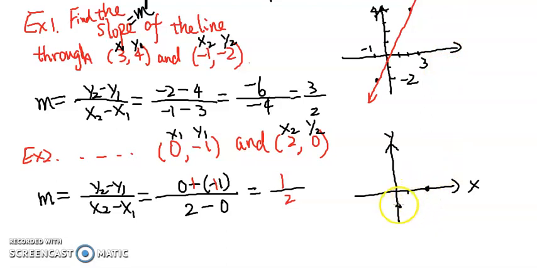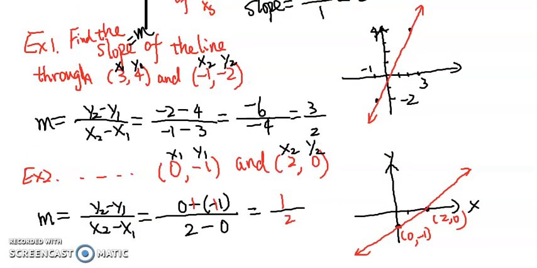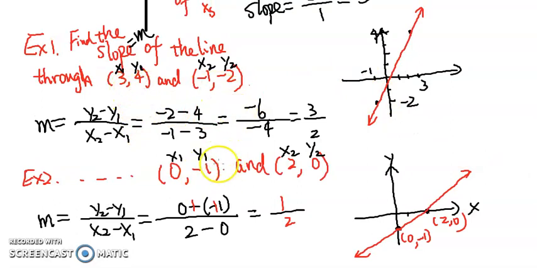After we join these 2 points, we get a line which cuts the x-axis at 2, 0, and the y-axis at 0, -1. So this is called the x-intercept and y-intercept. These two are very special points on the line. The line has so many points, but these two are special ones. So that's how we find the slope of a line given 2 points.